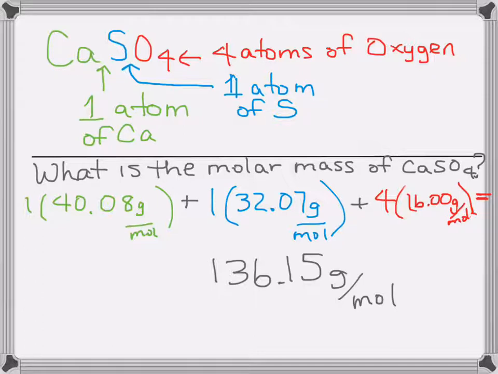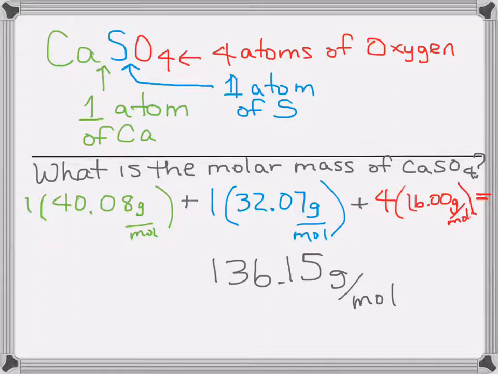If the 4 was for sulfur, it would have to have a 4 between the S and the O right there, or the S and O would have to be in parentheses with the 4 on the outside, and so that's not what's there. So we have 1 atom of calcium, 1 atom of sulfur, and 4 atoms of oxygen.